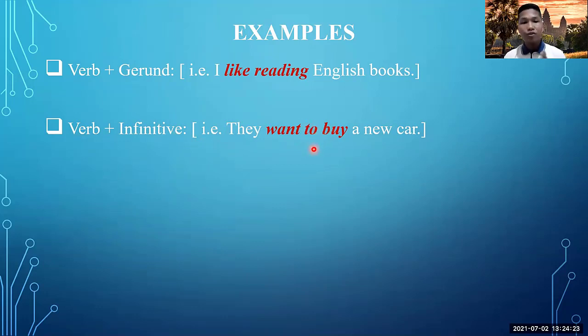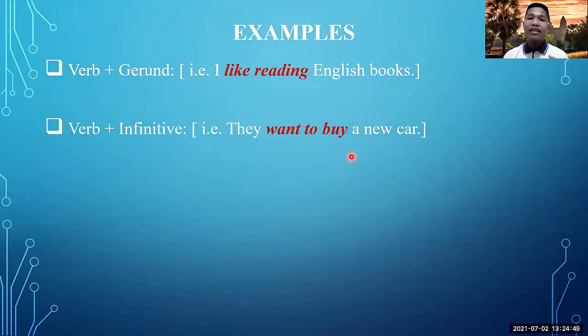One is a verb here, and to buy is an infinitive. So together, they are called verb pattern because they are a combination of a verb and an infinitive. They want to buy a new car.